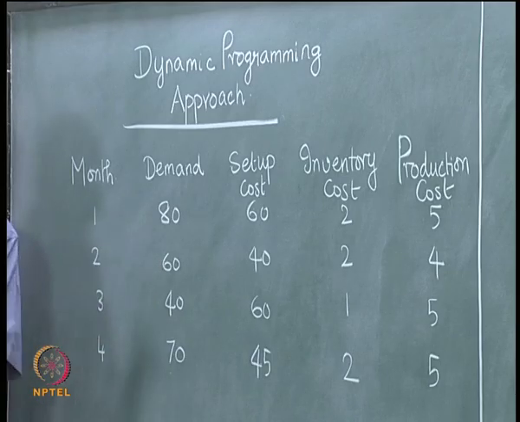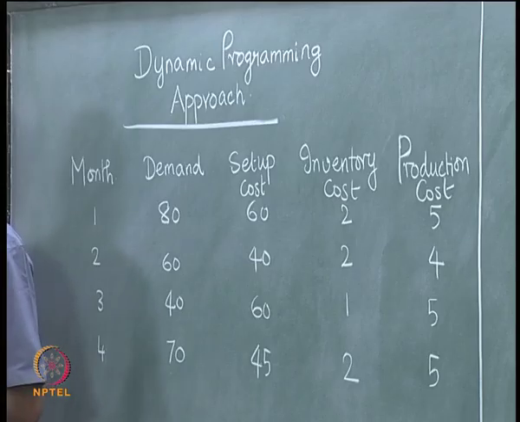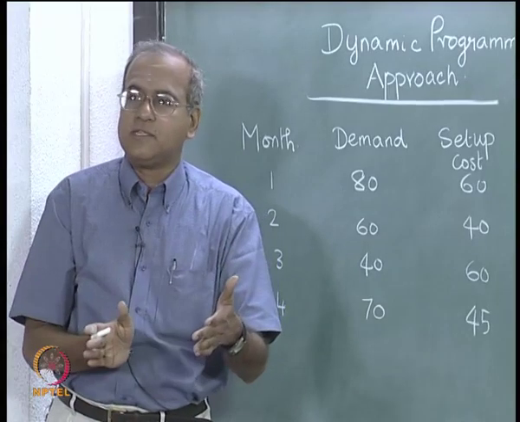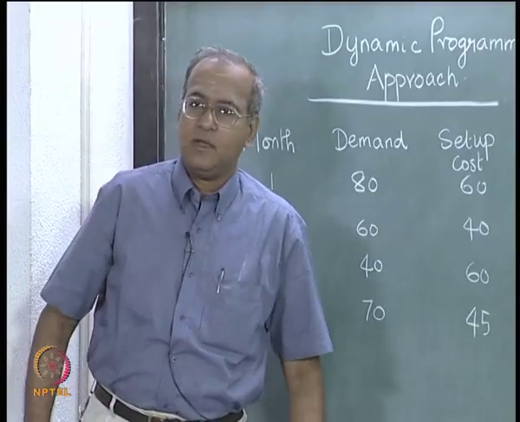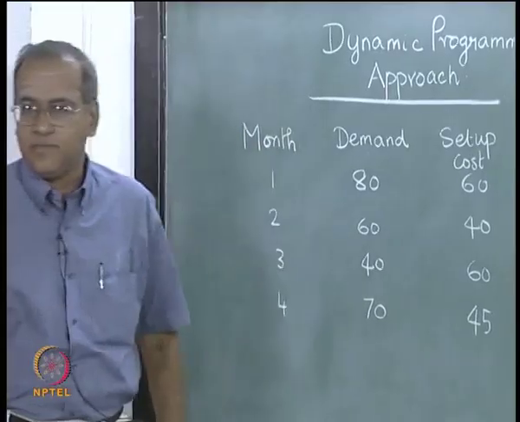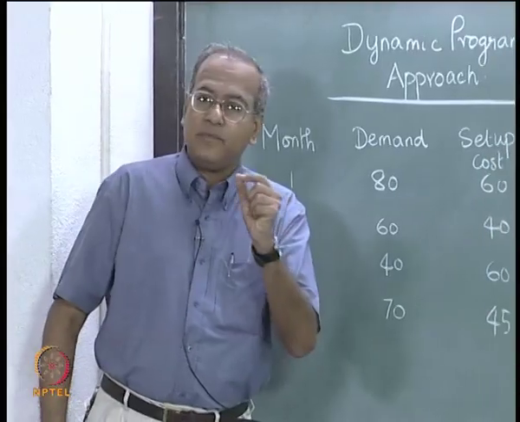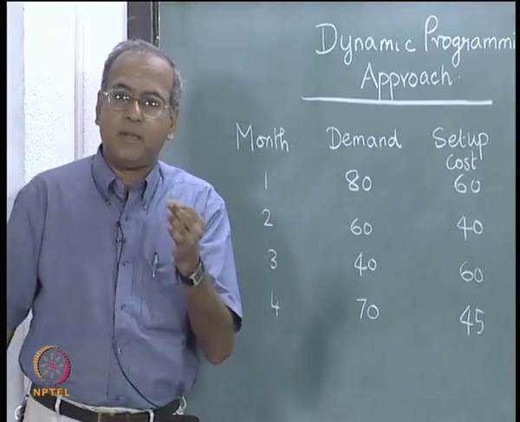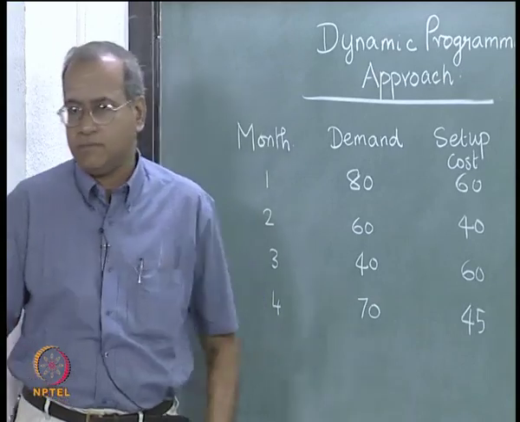But it is also logical to say that if there is a beginning inventory at the beginning of this month that is sufficiently large to meet the demand of this month, then there is no need to set up and produce in this month. So the Wagner-Whitin algorithm works around these ideas. There are two important points. One is that there will be production in a particular month only when the beginning inventory is 0.